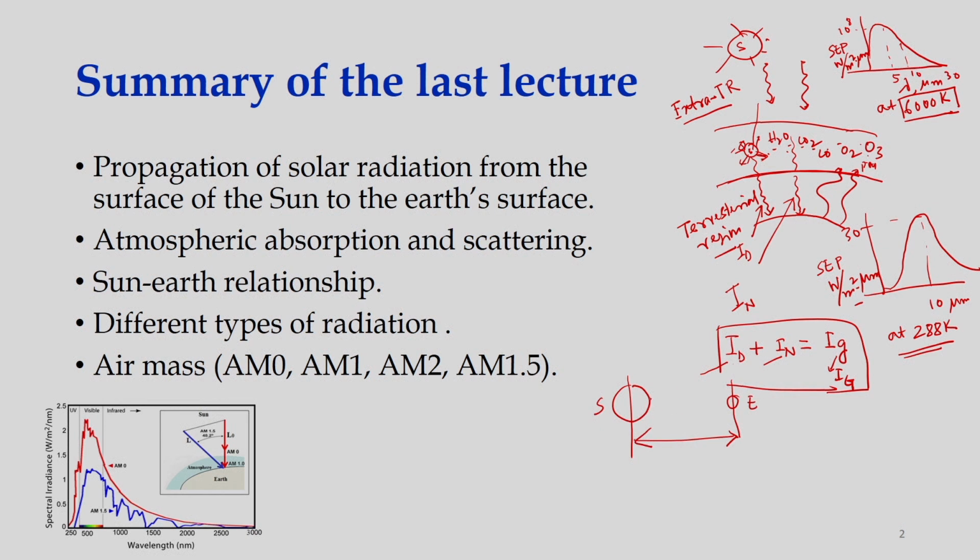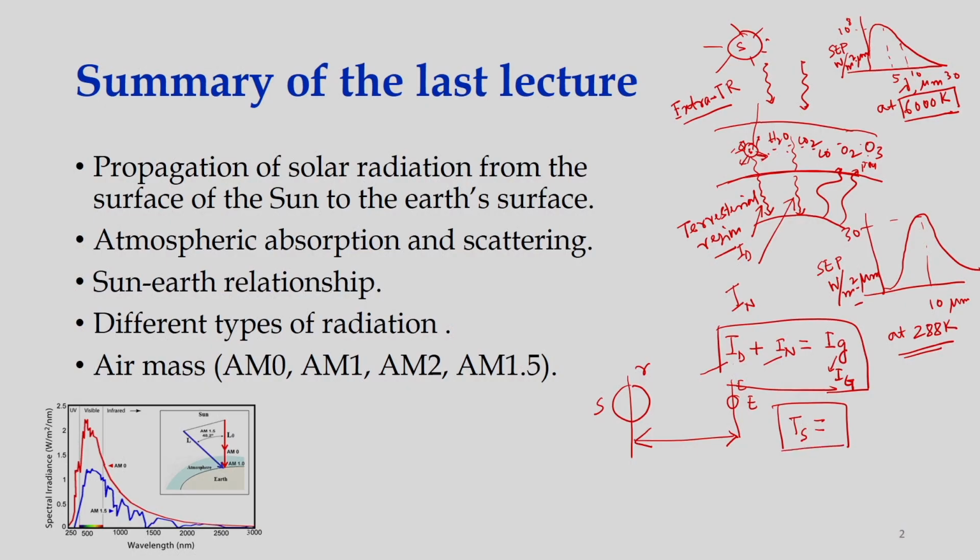We also know the radius of the sun and the radius of the earth. By utilizing this, we can calculate the black body temperature of the sun, using the energy emitted by the sun and the amount of energy received by the earth surface. This was demonstrated in the last class.